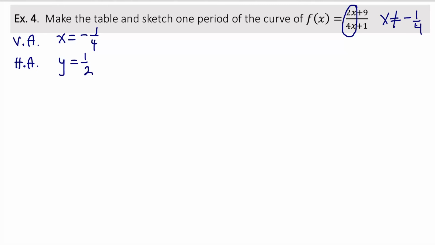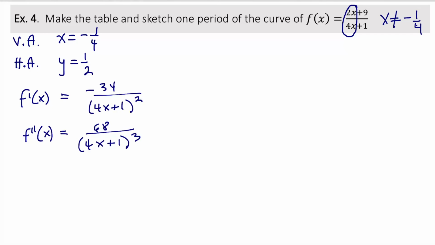So now, if I find the first derivative and the second derivative, which I've already done using the quotient rule, we get this for our first and second derivatives. Now, in order to find the critical values, I find the values of x that cause f prime to be 0.